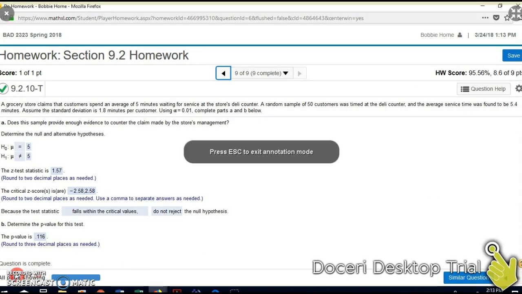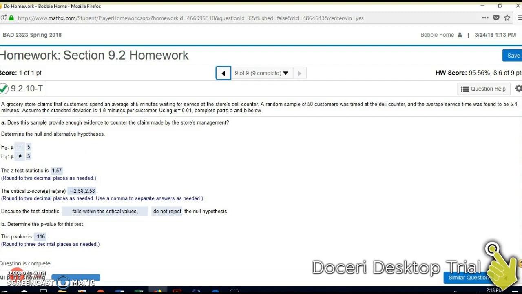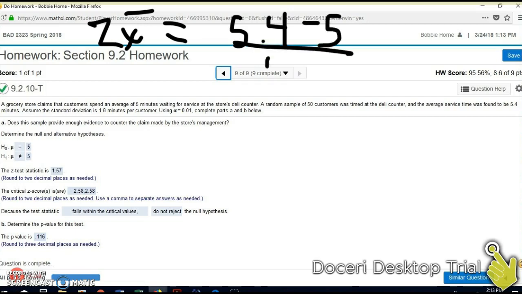And then for question number 9, it's equal, not equal to 5. So this is a two-tailed test. So for our Z test statistic, we do the mean minus the null over the standard deviation divided by the square root of n. Now when you're doing this in your calculator, you need to do parentheses around the top divided by parentheses around the bottom.